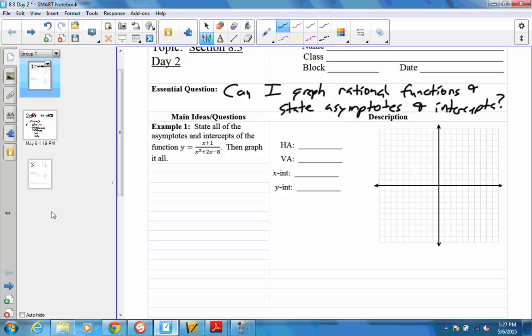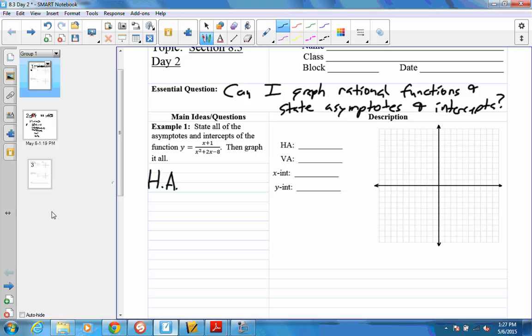So when I'm doing asymptotes and intercepts and graphing, what am I going to start with? Horizontal asymptote. So what's the highest degree on the numerator? 1. What's the highest degree on the denominator? 2.